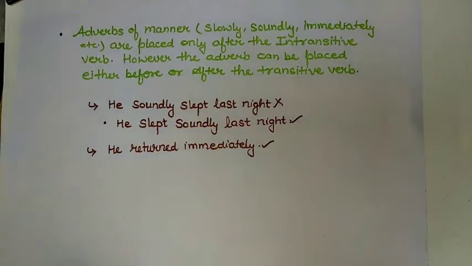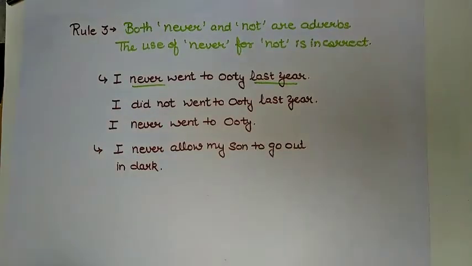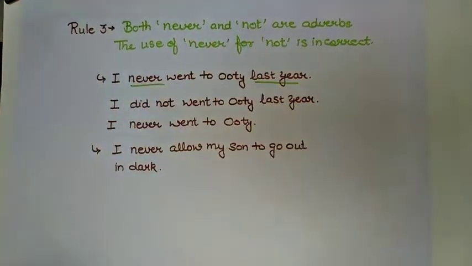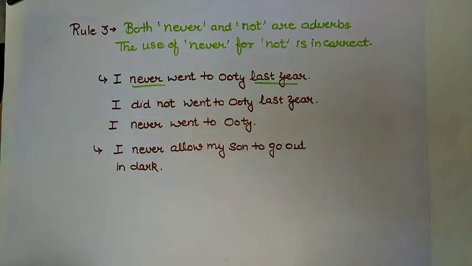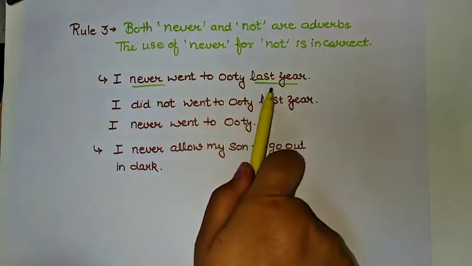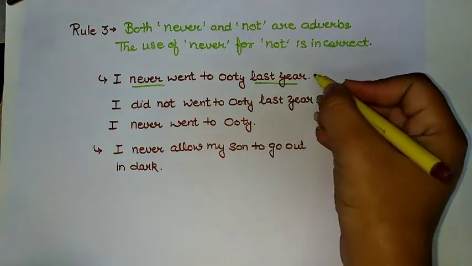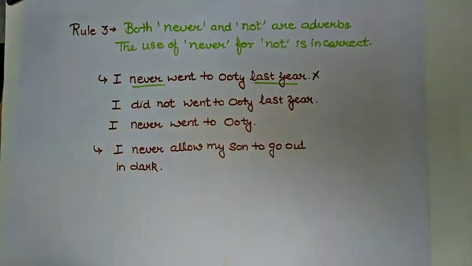Coming to the next rule, both the words never and not are adverbs and they are different. The use of never for not is incorrect. Try to understand this rule. I never went to Ooty last year. The sentence is wrong. When I use never, I mean that the event has not happened even once.